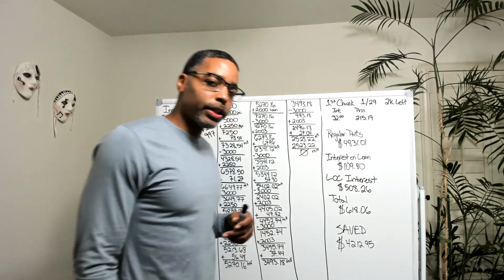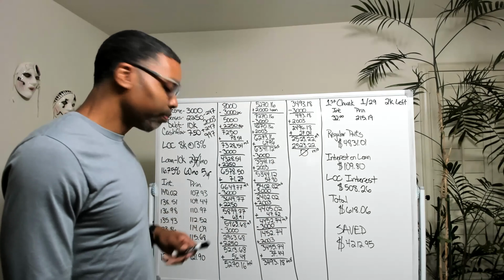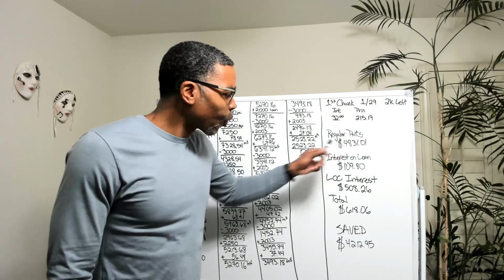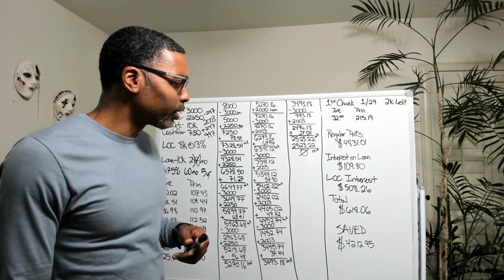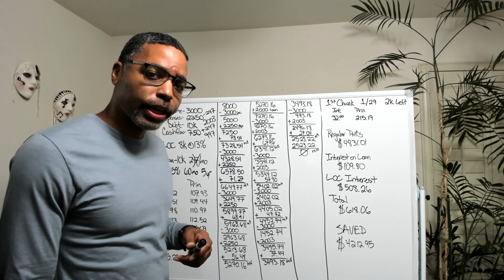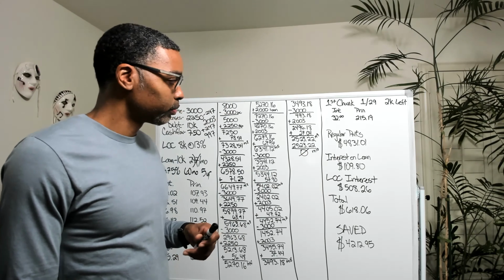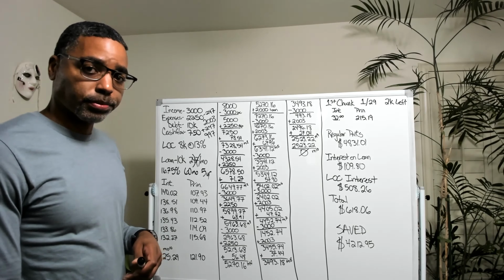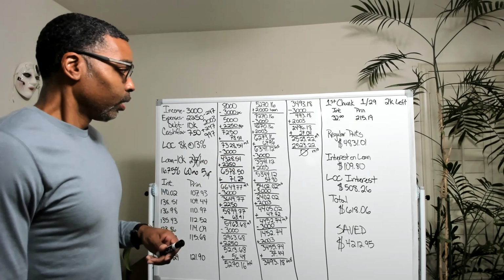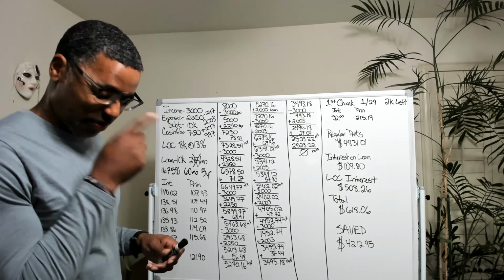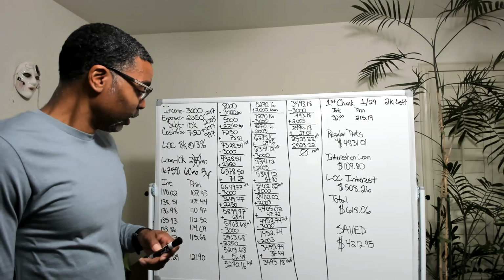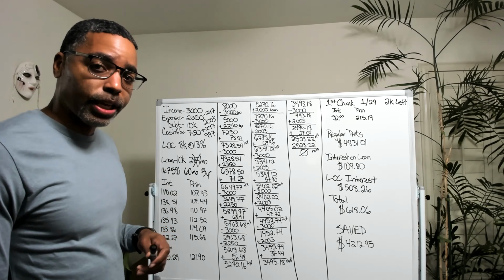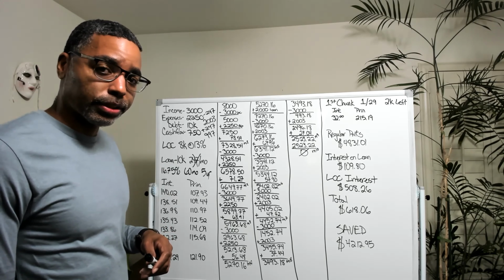Now we're gonna go over here for a minute. If we just would have paid this making our regular payments, you would have paid $4,831.01 in interest. I mean, if we just did some simple math, 10% of 10,000 is 1,000.